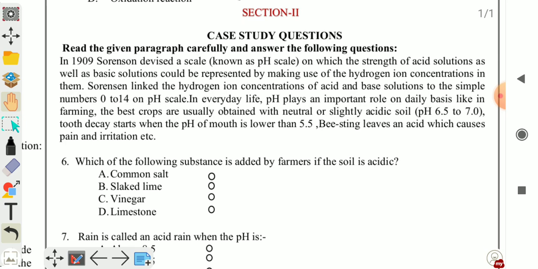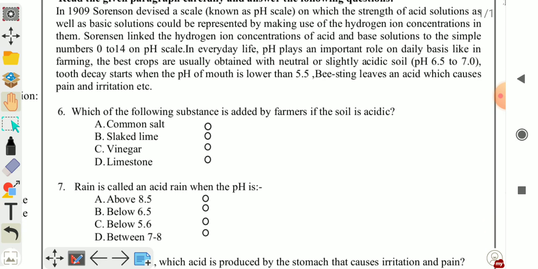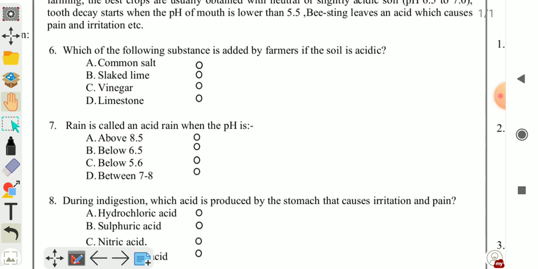In everyday life, pH plays an important role, like in farming. The best crops are usually obtained with neutral or slightly acidic soil of pH 6.5 to 7. Tooth decay starts when the pH of the mouth is lower than 5.5. A bee sting leaves an acid which causes pain and irritation, etc. So you have to give the answers to these questions. Question number 6.